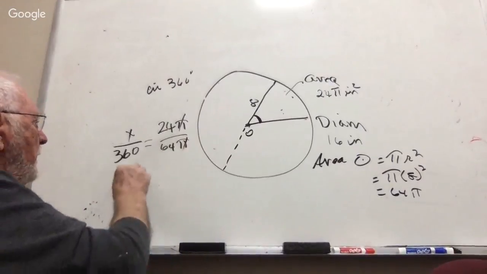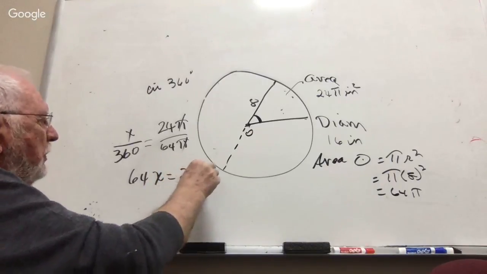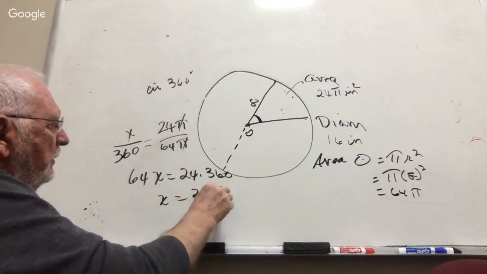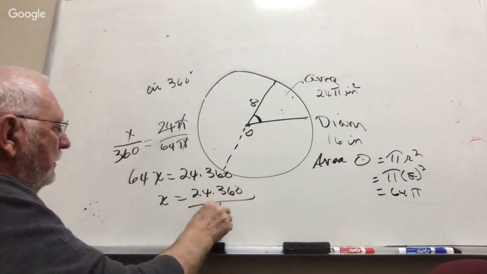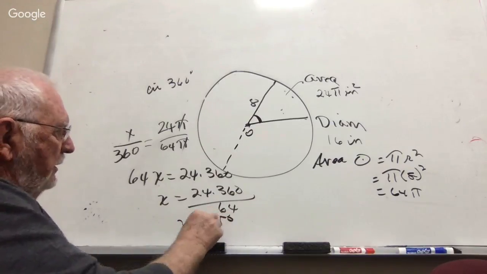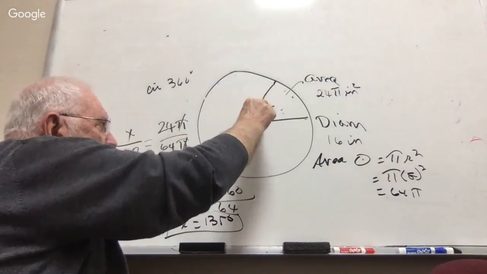So the proportion says 64 times x is equal to 24 times 360. 24 times 360 is 8640, and divided by 64 is 135. All right, so 135 is the number of degrees in that angle. Well, I'll be darned.